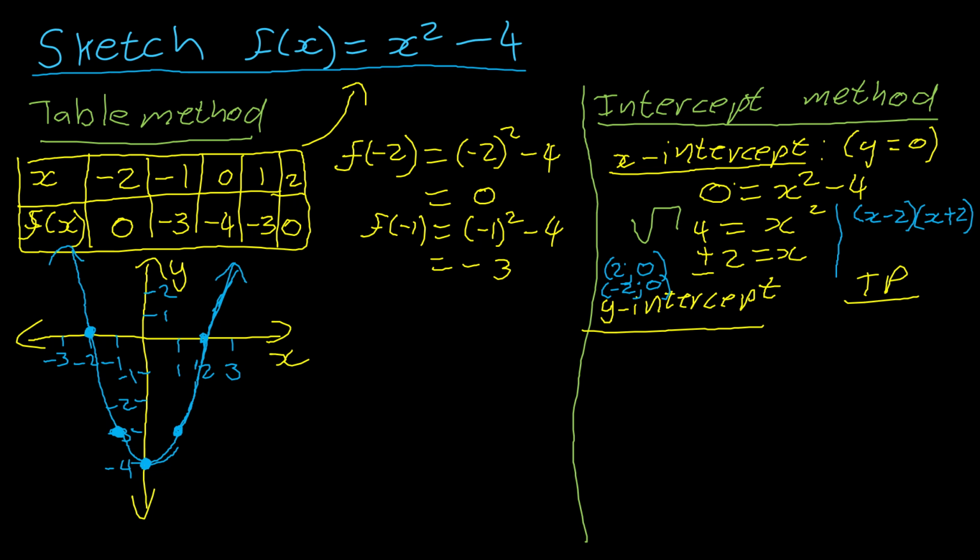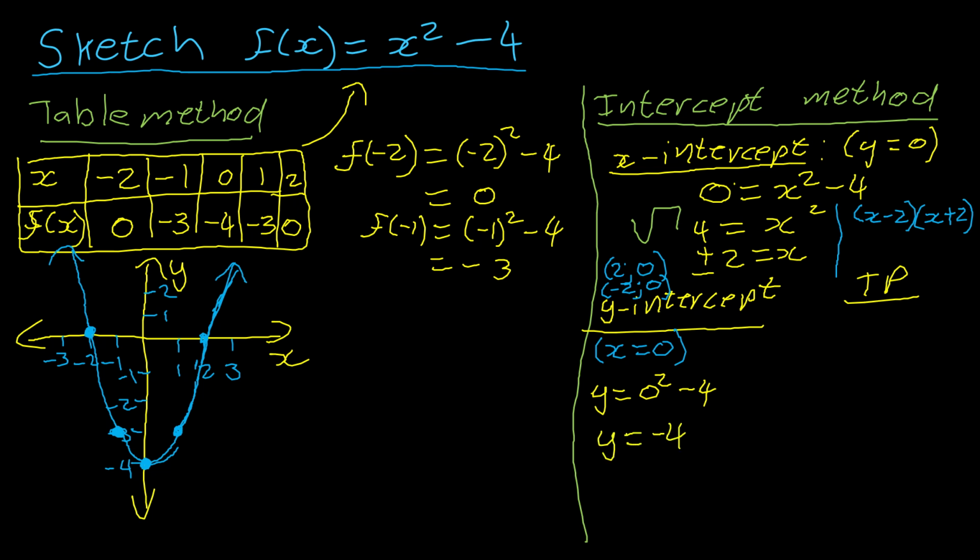Next up, we find the y-intercept, and we know that this is where your x value is 0. So you can calculate this: y equals 0 squared minus 4. Thus y is equal to minus 4.